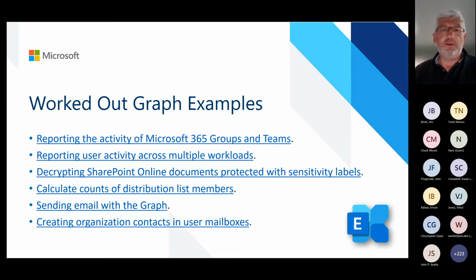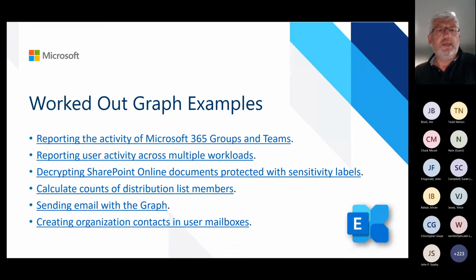You combine it all together and you provide a composite to show how active a user is. That's kind of a good example of the graph at its best, I think. There's another one there, decrypting SharePoint Online documents that are protected with sensitivity labels. You may have to do that if somebody leaves the company and they've left a whole pile of documents that are protected with SharePoint sensitivity labels and nobody can read them.